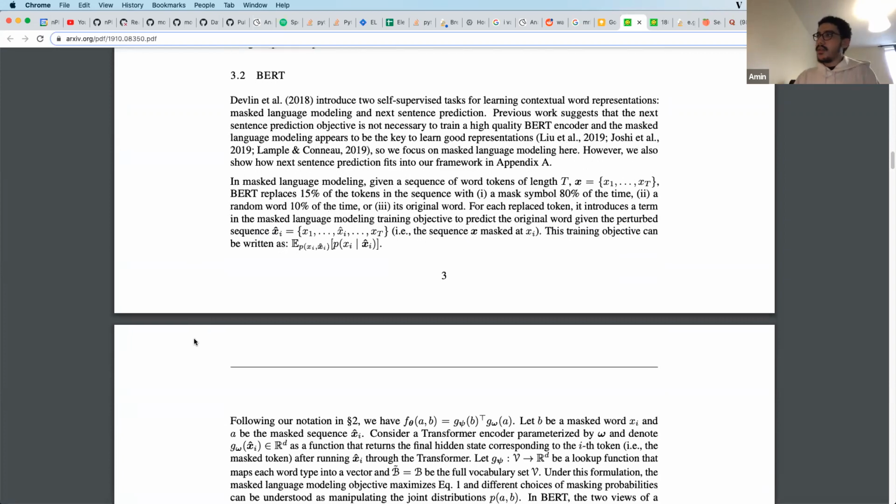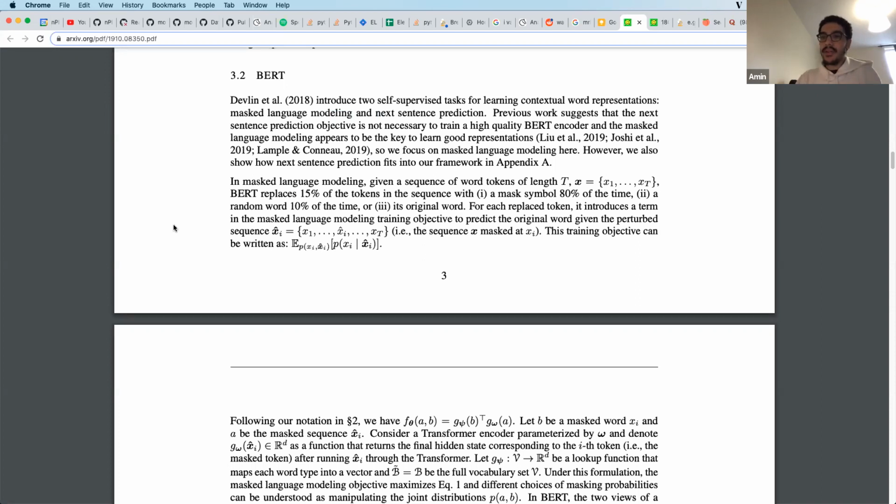Now, how does BERT fit into this framework? We've discussed BERT before, and the way it works is it's trained on two tasks. The first is masked language modeling, and the other is next sentence prediction.